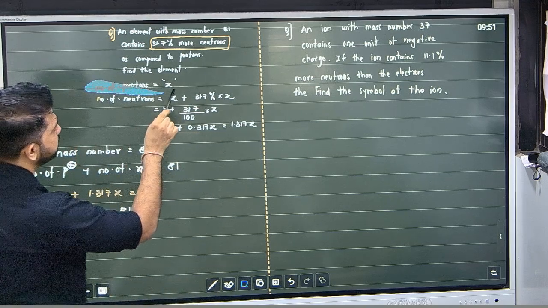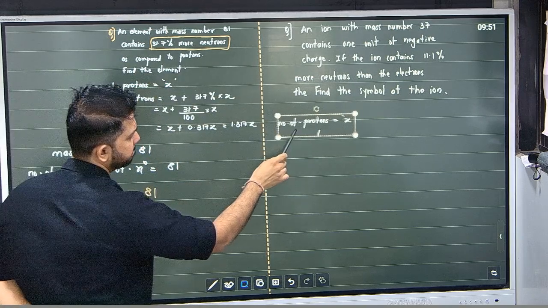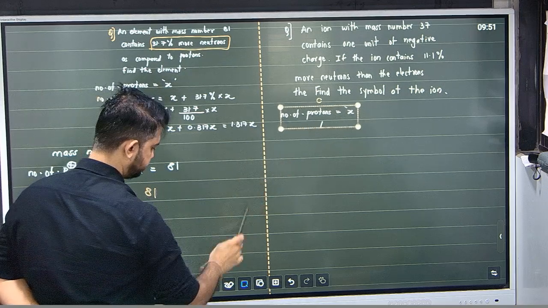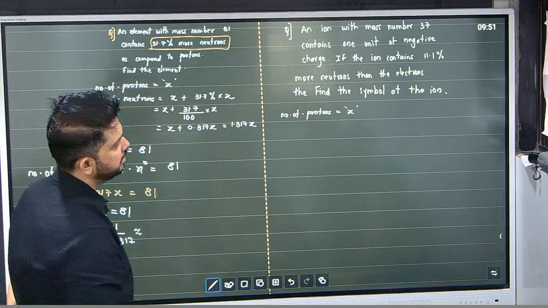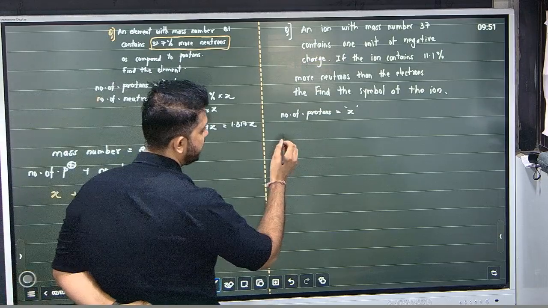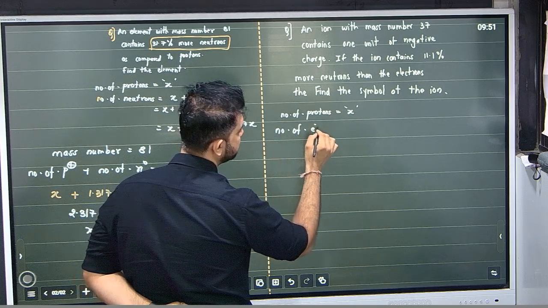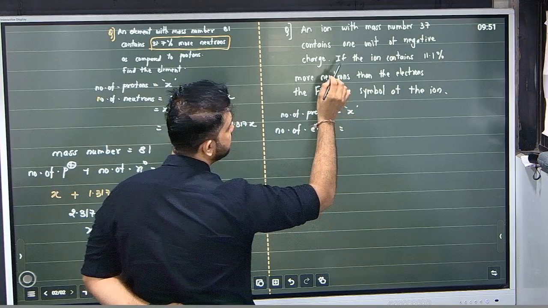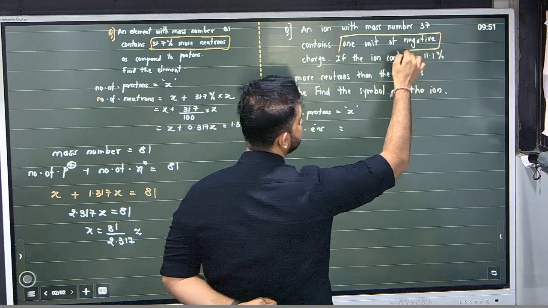Again, how will we start, people? Let the number of protons be x. Can someone tell me, if the number of protons are x, how many electrons are there in that ion? x plus 1, since it contains negative charge.